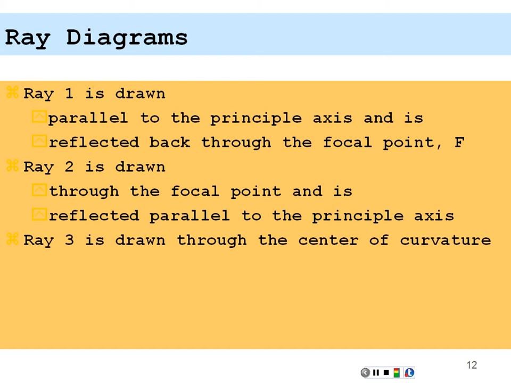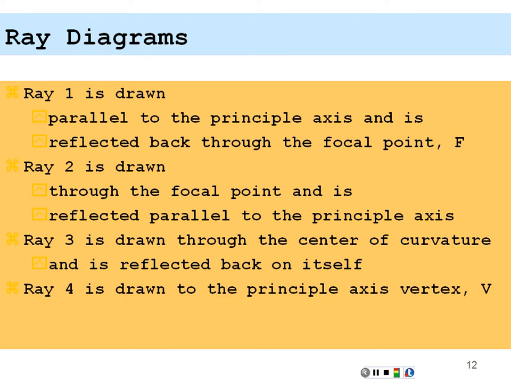Ray 3 is drawn through the center of curvature. Anything drawn through the center of curvature is on the radius of the curvature itself. Hence, it's going to hit exactly perpendicular on the mirror itself, and it's going to reflect right back on itself. So it's going to reflect right back, right through the center of curvature on its way back.